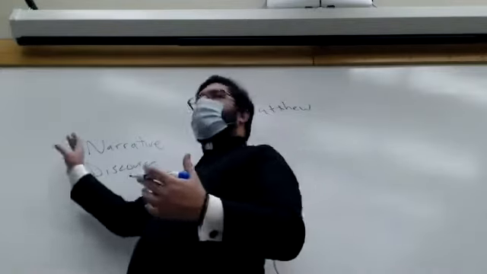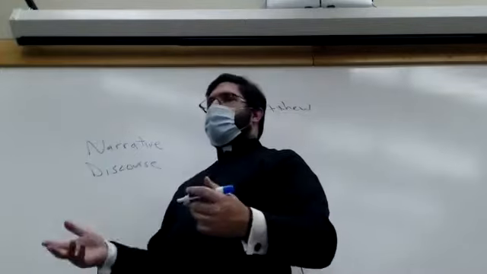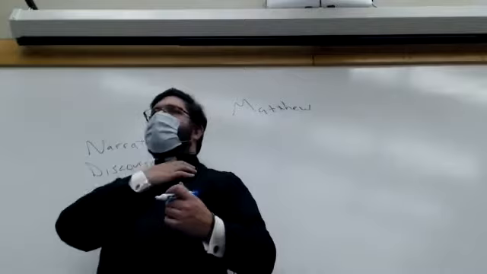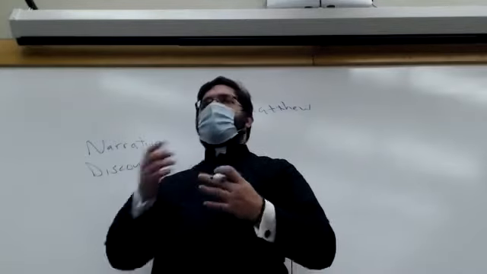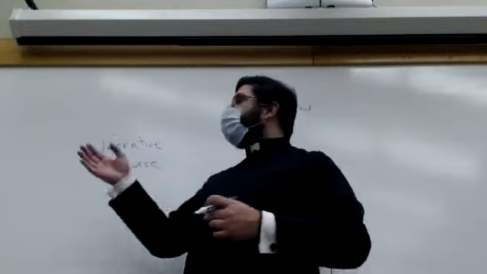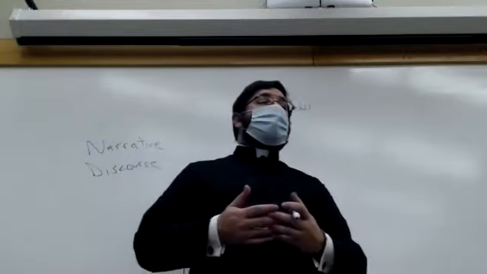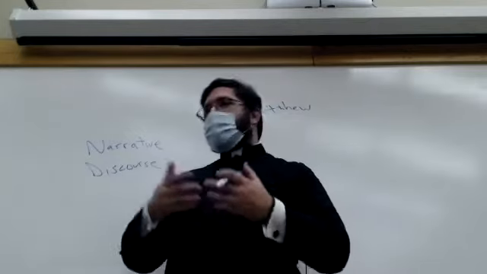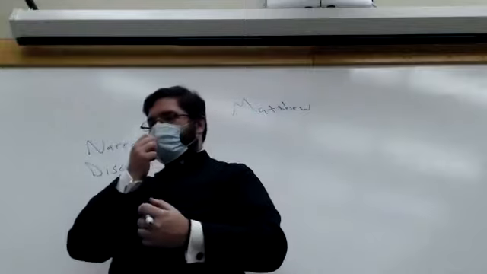So the narrative focuses on what Jesus does. Not saying he doesn't speak there, but it's more question and answer, perhaps, or pithy little remarks. The discourses are the extensive words of Jesus, monologues, teachings, things like that.